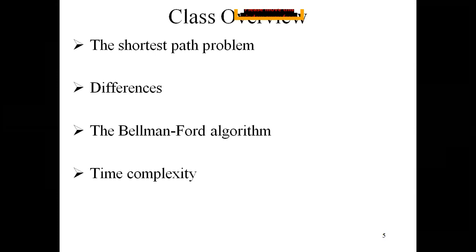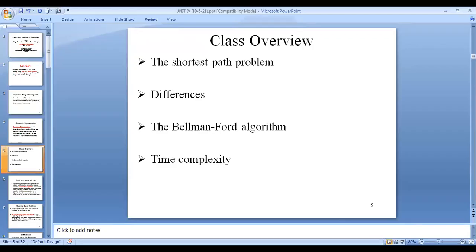Now, what is the overview of our class topics? We are discussing the single source shortest path problem. In our class, the first topic is the shortest path problem. The second is the differences between Dijkstra's algorithm and our algorithm, that is the Bellman-Ford algorithm.